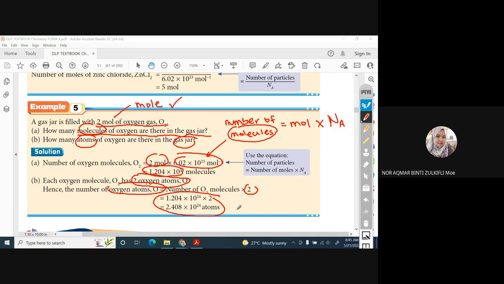The answer is 2.408 times 10 power of 24 atoms. So you need to times, not divide. Don't divide, you times, because in oxygen here we have 2 atoms of oxygen. So you need to times 2. When you do the exercise you will understand.